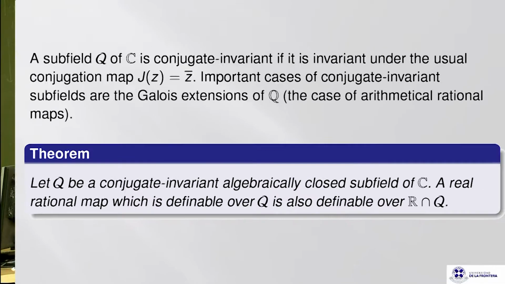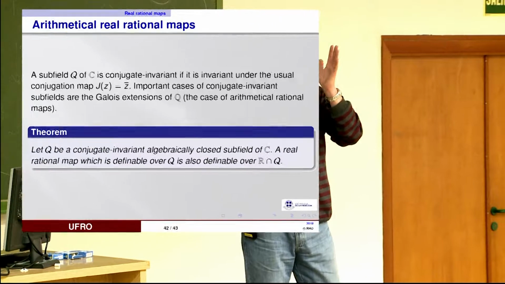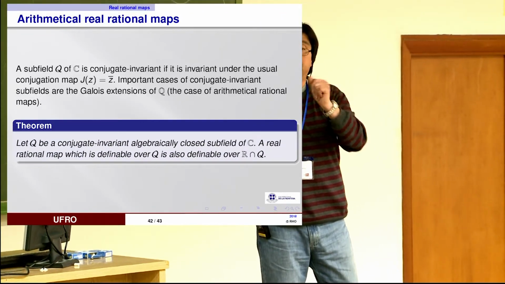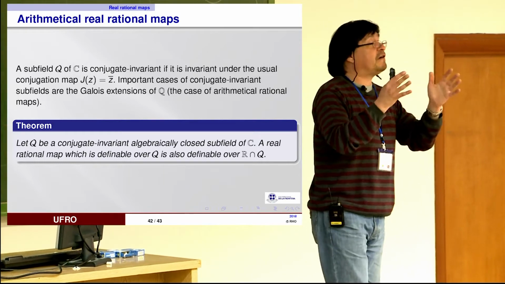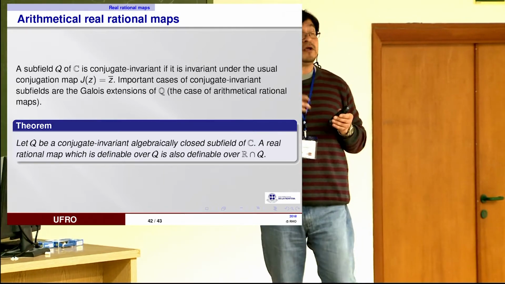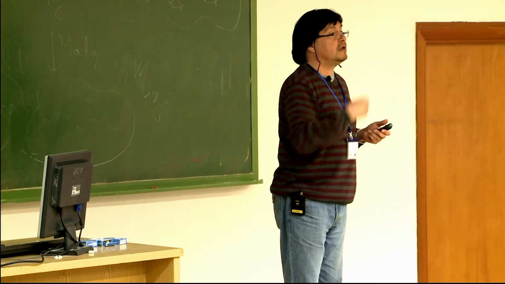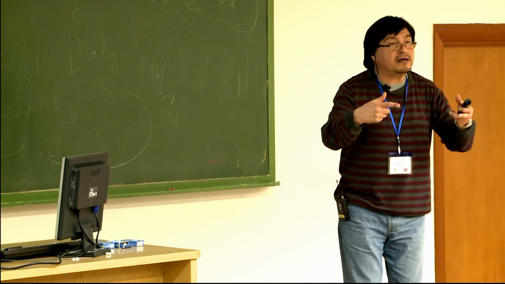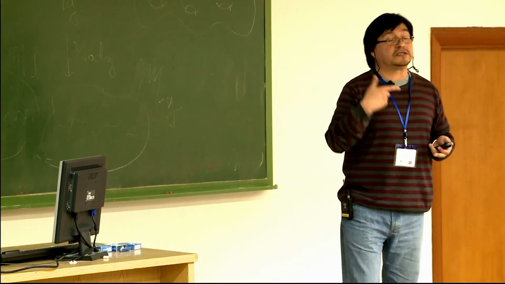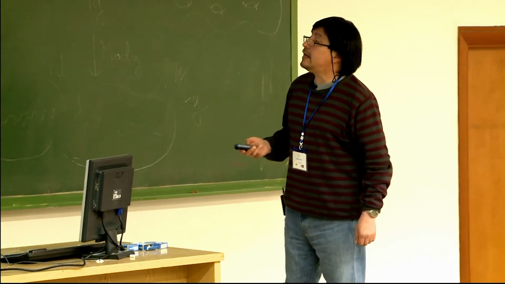Assume that this is real, that means it can be defined by an algebraic variety over R. On the other hand, you have another model of this Riemann surface by another algebraic curve defined over Q bar. Then you can always find a new model which is defined over the real algebraic numbers. So the question was, is this true at the level of rational maps? It should be. And the answer is yes.